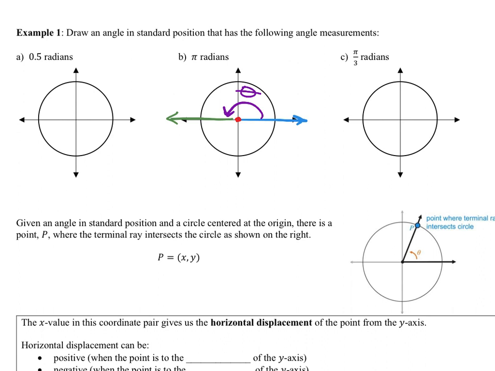How would we draw pi over 3 radians? If that whole top was an entire pi, what should I do to get only a third of that? What I'm going to do is take the top section here, the first 2 quadrants, and split it as best as I can visually into 3 parts.